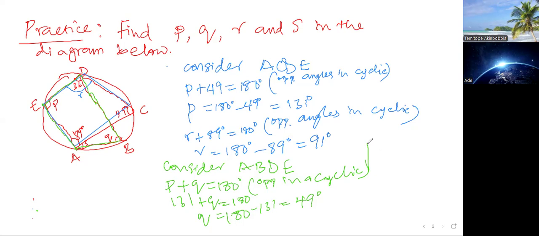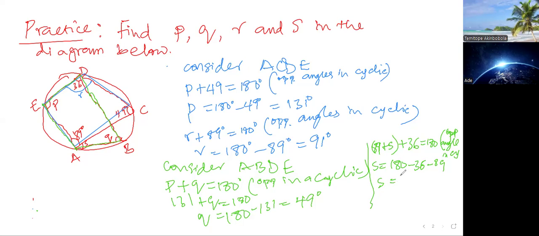Yes, sir. So I will now say that 89 plus S as one angle plus 36 equals 180, opposite angles in a cyclic quadrilateral. So that will now be S equals 180 minus 36 minus 89.